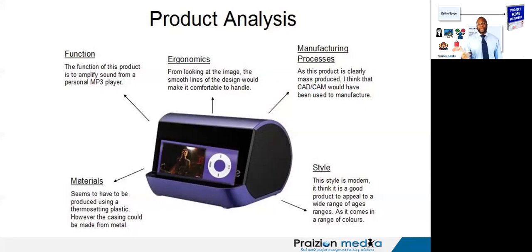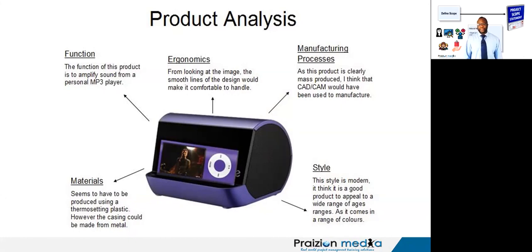Imagine an MP3 amplifier or extension to an MP3 player. You ask the question, what should it do? Ergonomically speaking, what does that look like? Looking at the image, the smooth lines of the design would make it comfortable to handle. Okay, so if that is what you want to do, what does the manufacturing process look like?